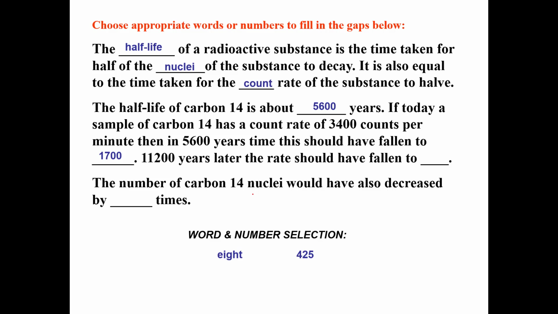So 3400 divided by 2, you get that there. Then 11,200 years later, the count rate should have fallen to, of course, the remaining answer, 420. So the number of carbon-14 nuclei would have also decreased by 8 times.